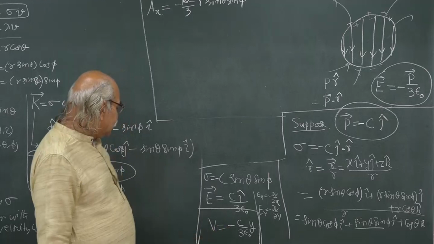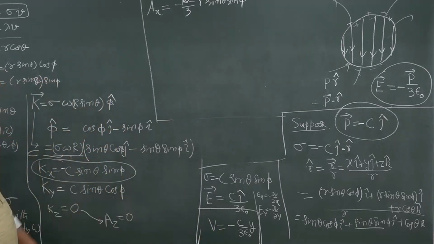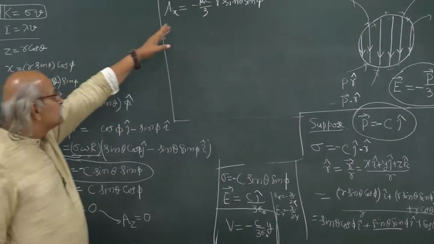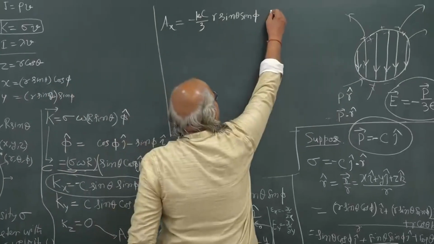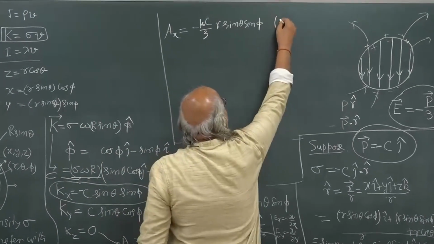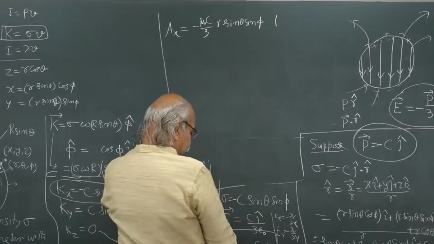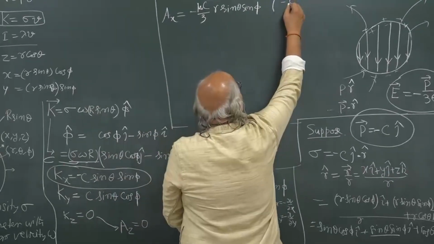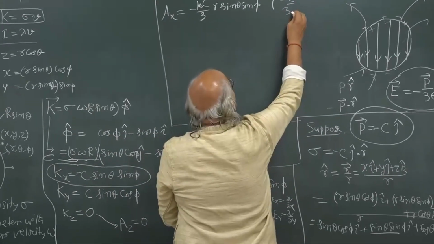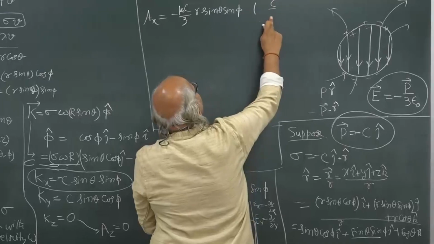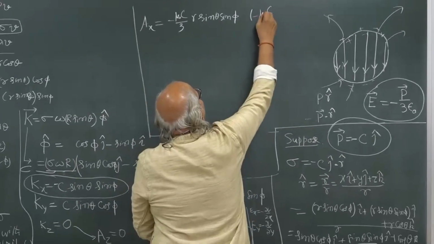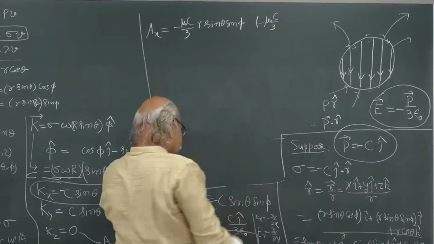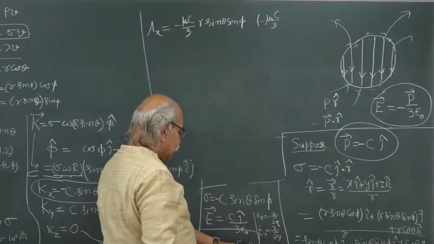Then putting y as r sin theta sin phi, we wrote this. In Cartesian coordinates, it is minus c over 3 epsilon naught, and that epsilon naught will go there. This will be minus mu naught c by 3 times y.